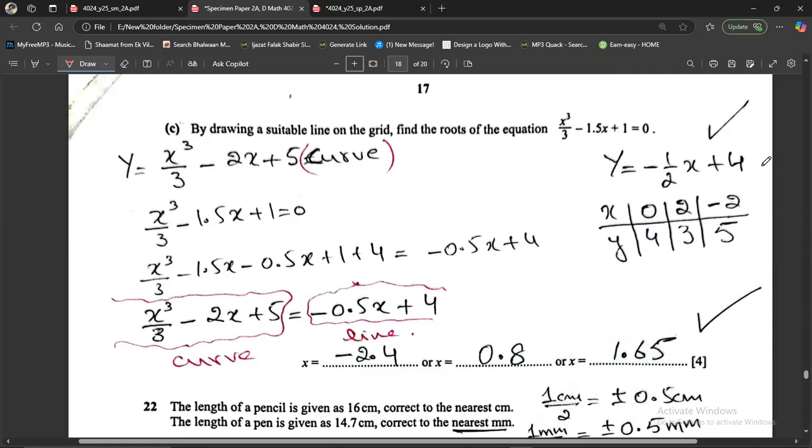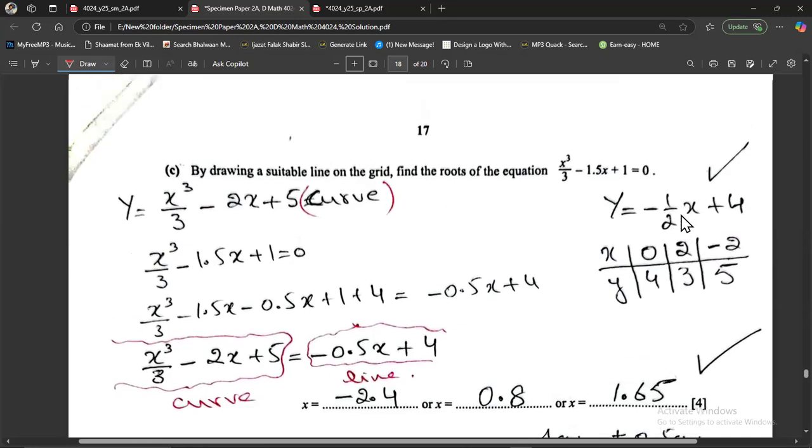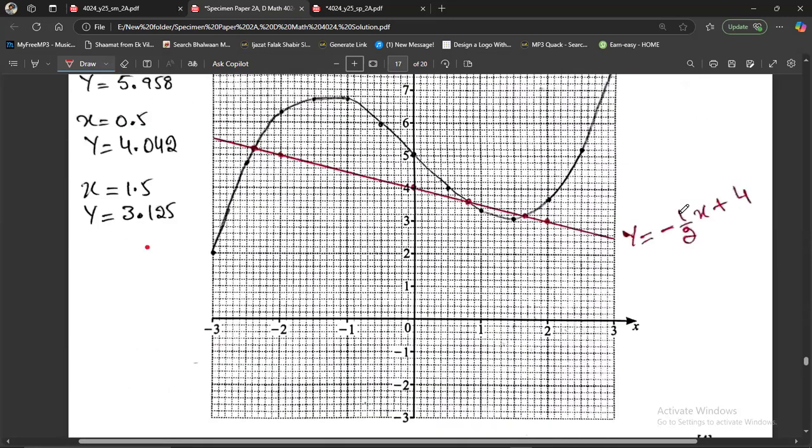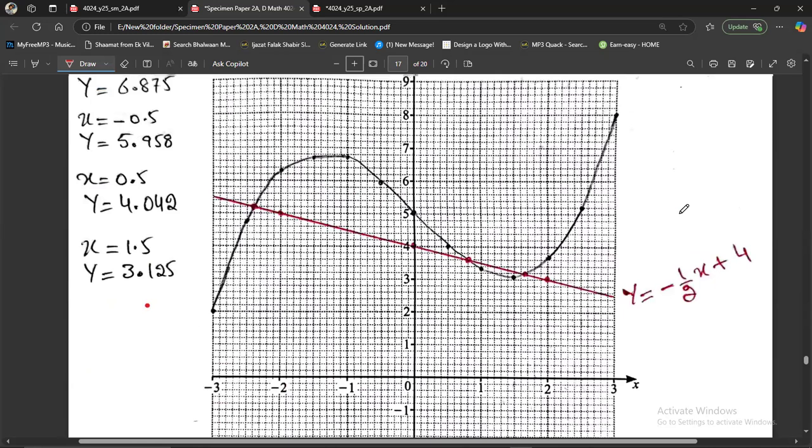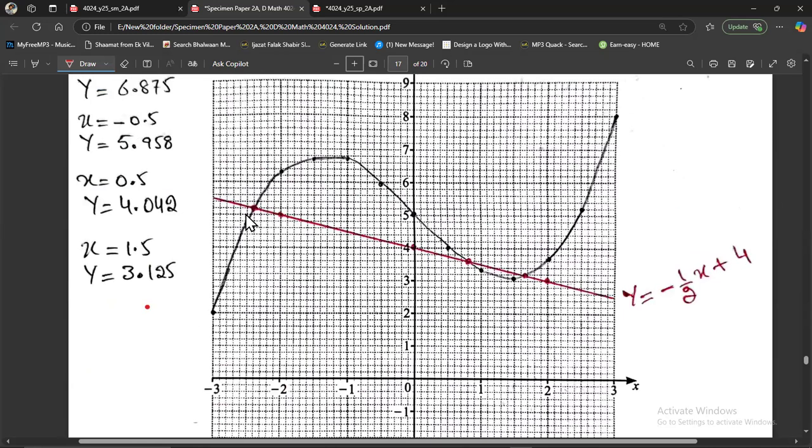And so this line I will draw there on my graph. So just substitute some values of x here, for example, 0, 2, and minus 2. You get the values of y. Then I will plot this on that graph. So you can see I have drawn this line, this red line. And this line intersects my cubic graph at 3 points.